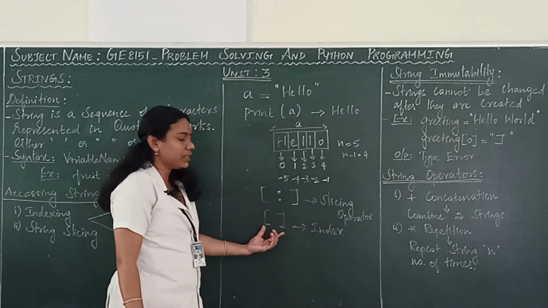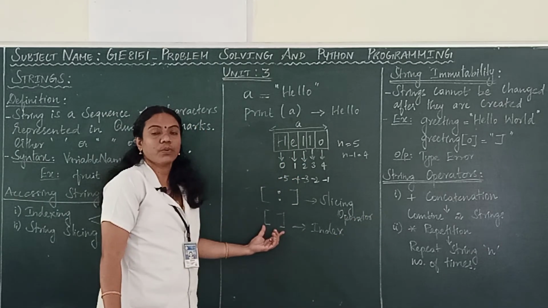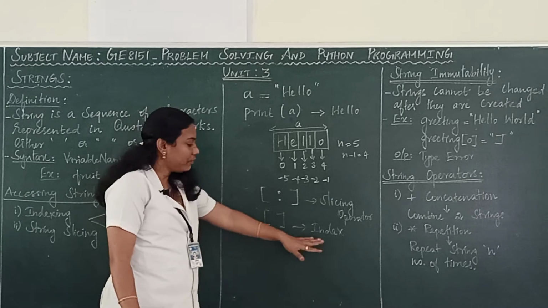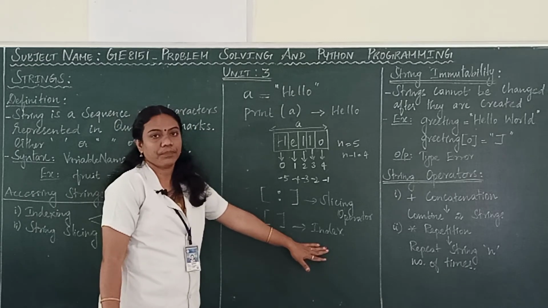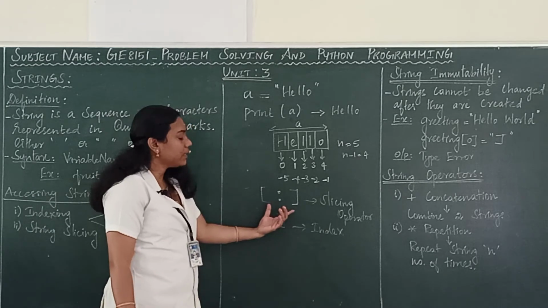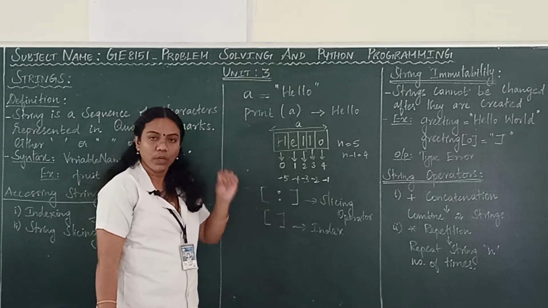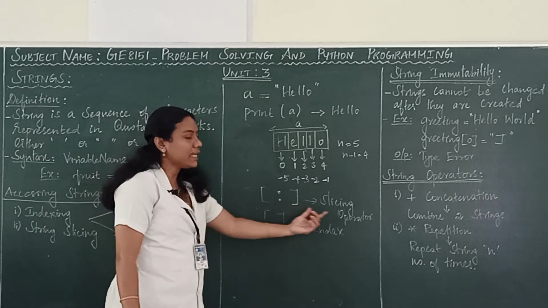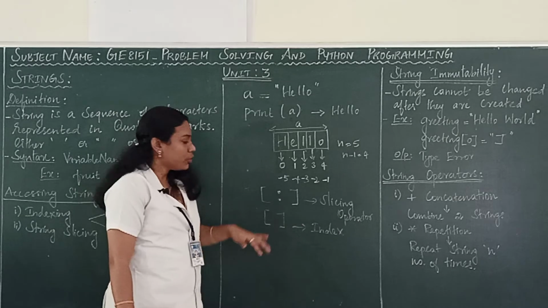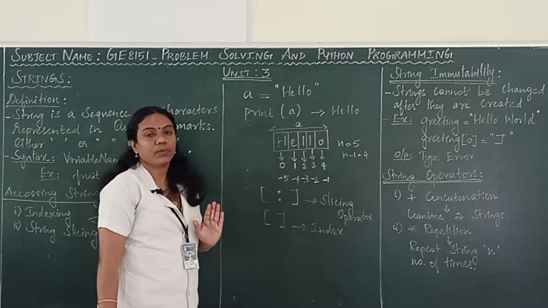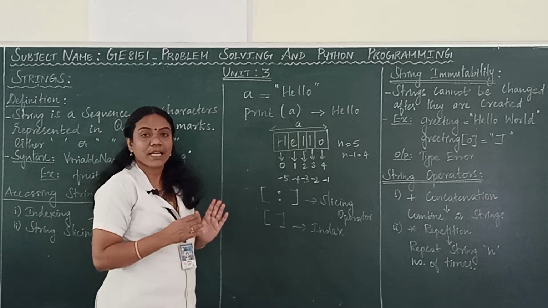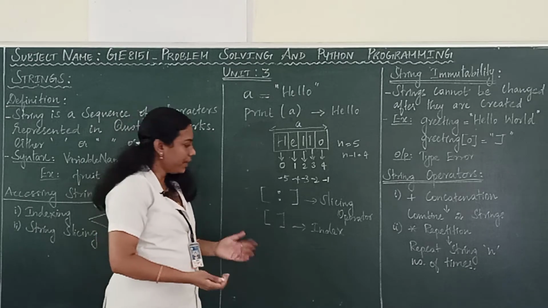If you are using open and close square brackets plain, that will be treated as the index operator. At the same time, if inside the square bracket I place a colon, it will be treated as the slicing operator. By using the slicing operator only, we do a slicing operation on a string.